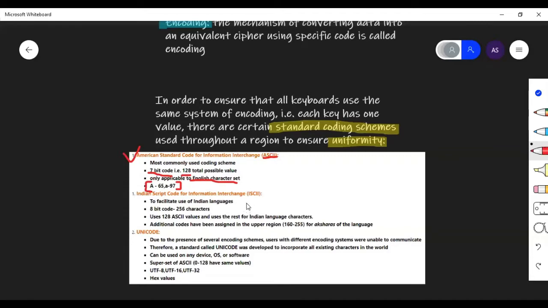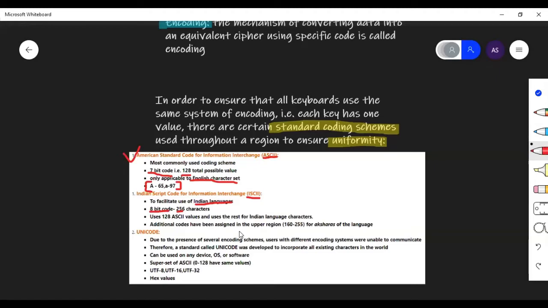After that, we have the Indian Script Code for Information Interchange, which is called ISCII. This is used to facilitate the use of Indian languages, because in India we have many different languages as well as different scripts, such as the Hindi script, the Urdu script, etc. This is an 8-bit code. It has 256 total possible characters in this encoding scheme.